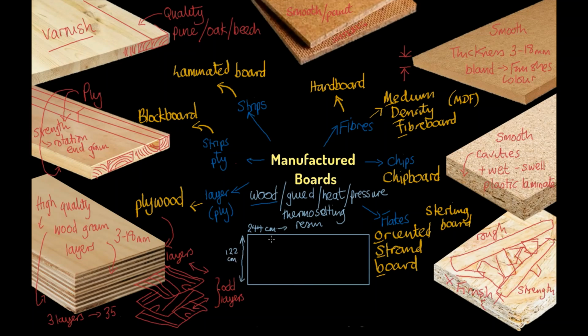Now, think about a couple of doors at home put together, it's round about that size. So with these large boards, it means that we can produce large surfaces. So where we need something like a tabletop or a door or even a kitchen counter, then we're already starting off with a large piece of wood.